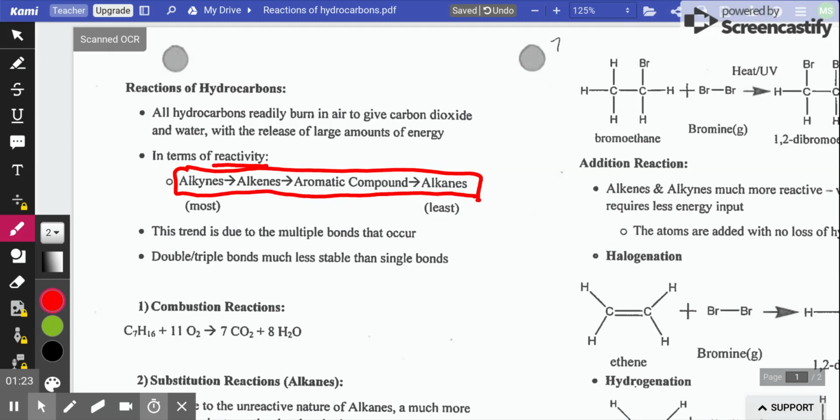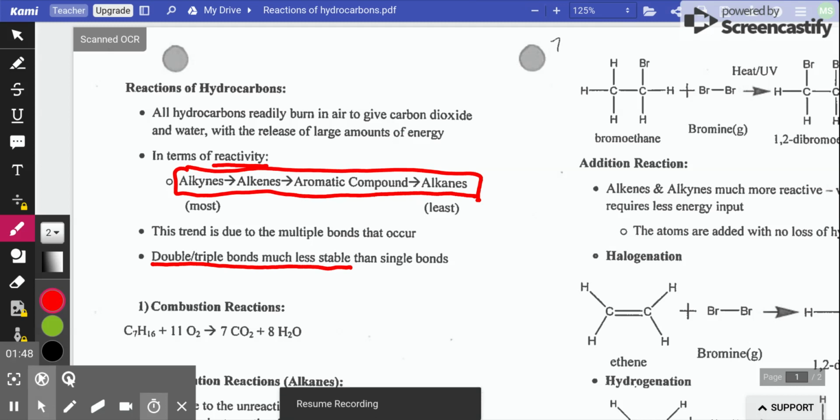This is because of the multiple bonds. Double and triple bonds are actually significantly less stable than a single bond, which is kind of the opposite of what people would expect. A double bond and a triple bond, just because of the nature of how the bond forms, are not as strong as a single bond.